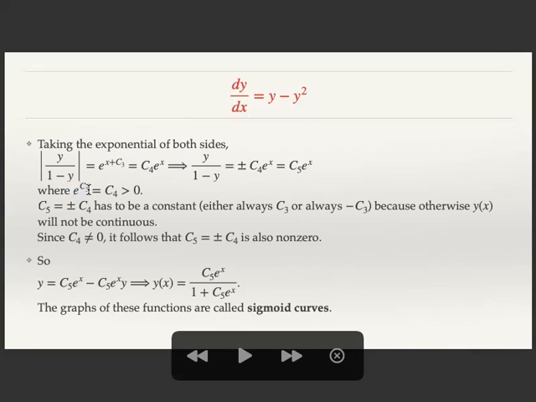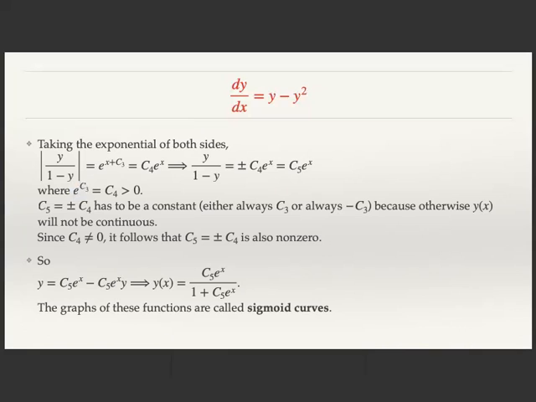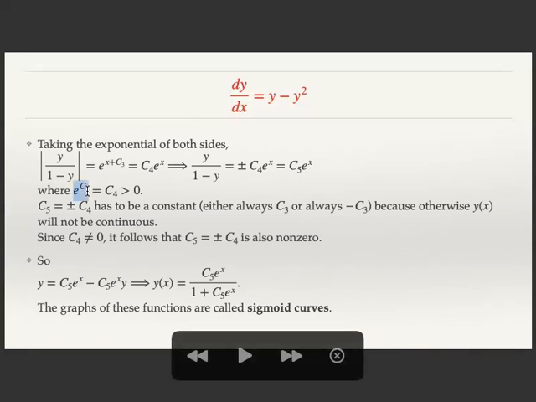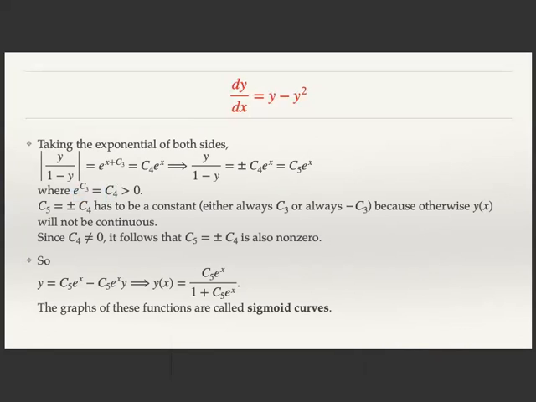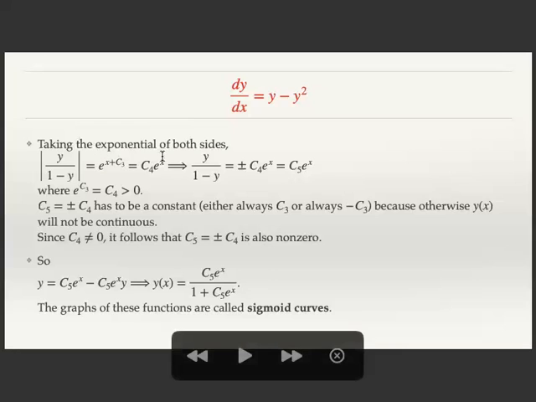e to the c3 can be any positive real number. Again, it's a constant, and I denote it by a new index. So instead of writing e to the c3 all the time, I'm just going to write c4. Now we have absolute value of y over 1 minus y is equal to c4 times e to the x.